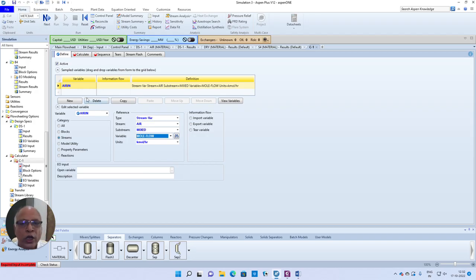So from this, we are going to obtain the flow rate of input air, which I would like to import from Aspen. Once we know the air input flow rate, I already know the theoretical air required, so I should be in a position to calculate the percent excess air. So this is the only one variable that I am using.